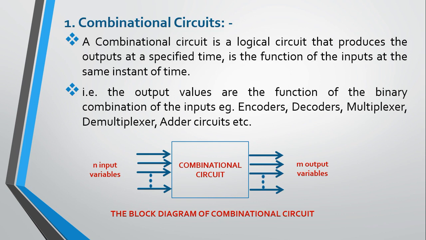Always, the output is based on the combinations of input, like encoder, decoder, multiplexer, demultiplexer, or different types of adder circuit. These are all examples of combinational circuit.